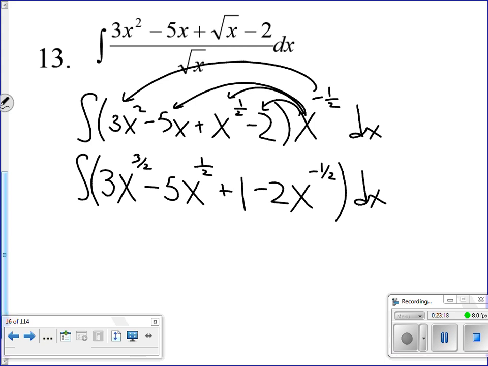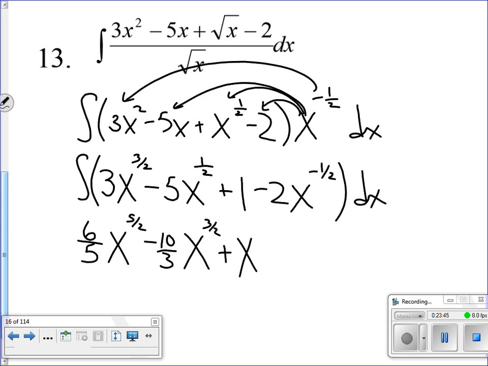Okay, so we're just going to go through term by term. For the first term, you add 1 to get 5/2, so that means you need to multiply by 2/5, so you get 6/5. Next term, you add 1 to the exponent, giving you 3/2, which means you multiply by 2/3. When you take the antiderivative of 1 with respect to x, you just get x, right?